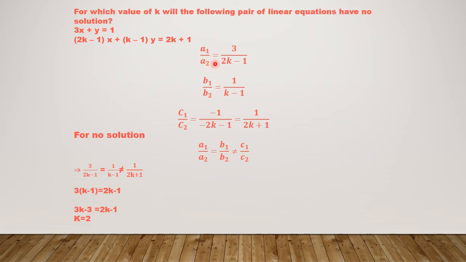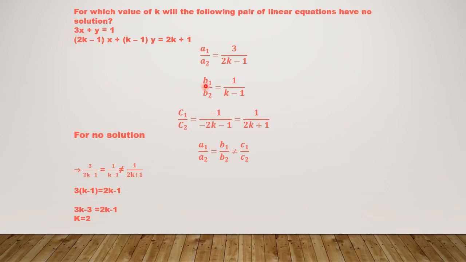In the previous sum also, the first step was to find the ratios of the coefficients of the pair of linear equations. So here the coefficients a1 and a2 are 3 upon 2k minus 1. They are the coefficients of x.